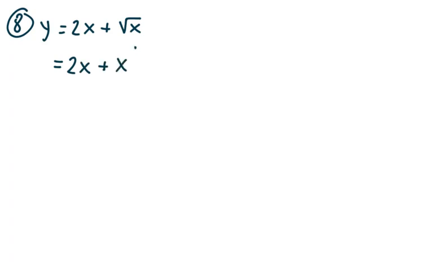Let's take a look at number 8. Suppose y is 2x plus the square root of x. But isn't this 2x plus x to the 1/2? Now I want y prime. Remember that the derivative of x with respect to x is equal to 1. Okay?